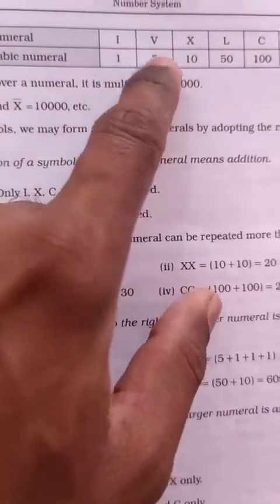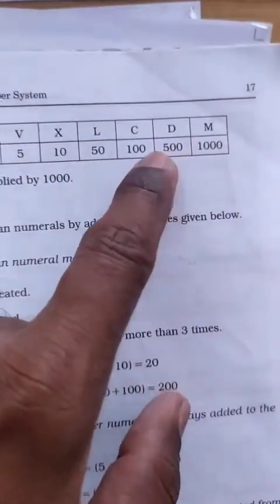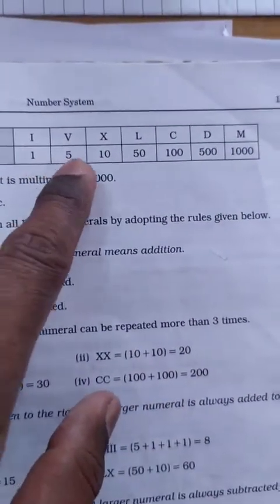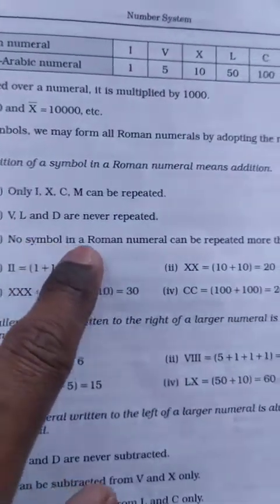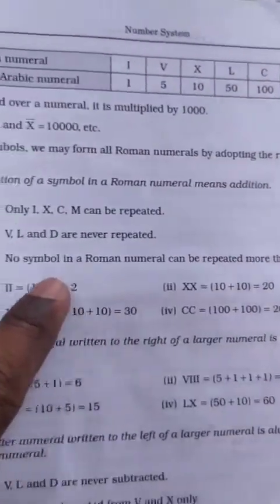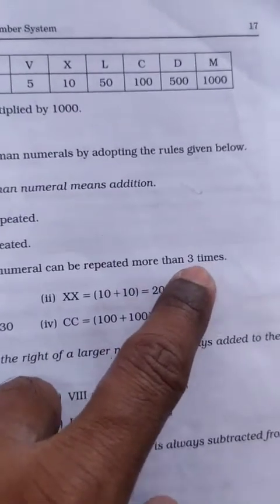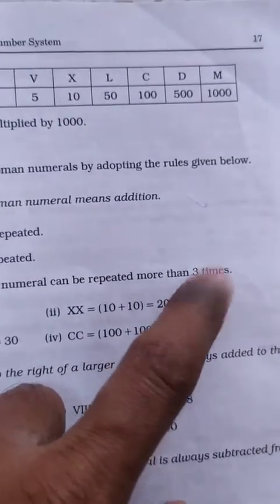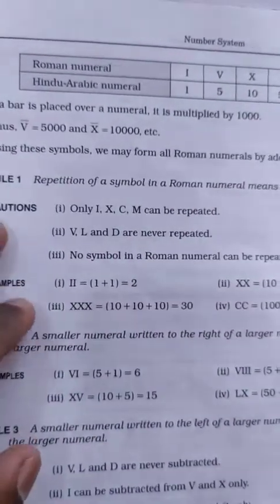Means numerals with 5 are never repeated. And no symbol in a Roman numeral can be repeated more than 3 times. So remember one more thing: you don't have to repeat any numeral more than 3 times. Okay, keep it in your mind. So this is the first rule and the points related to it.